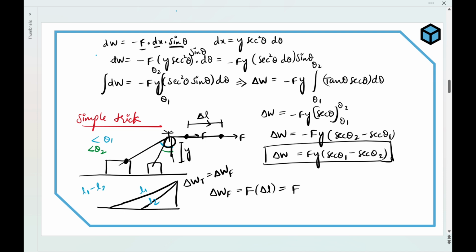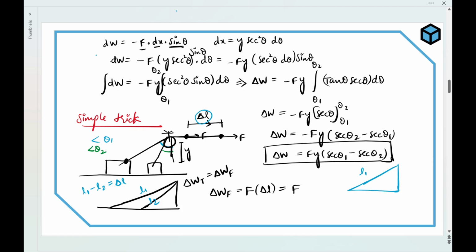So of course L1 minus L2 should be delta L. The change in length in the portion of string which is between the block and pulley will be the displacement of that point, delta L. So let's take the bigger triangle.